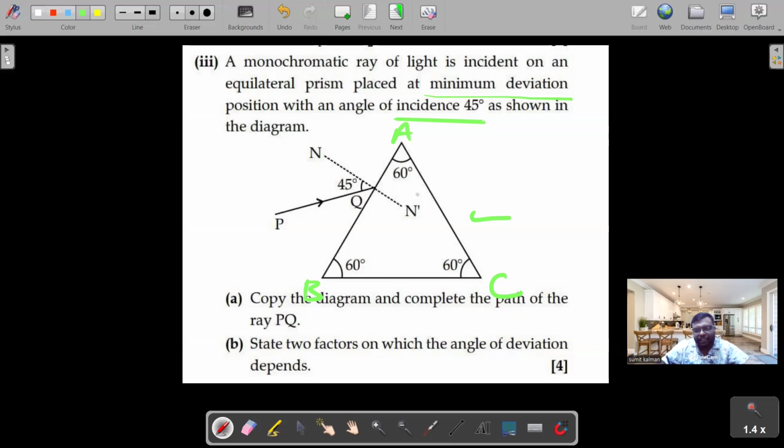And here when it will be incident on side AC of the prism, then angle of incidence will be R2. So don't be confused about the notations. This is the same notation which has been given in the book of Selina.